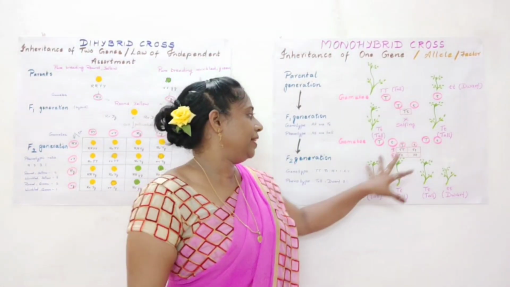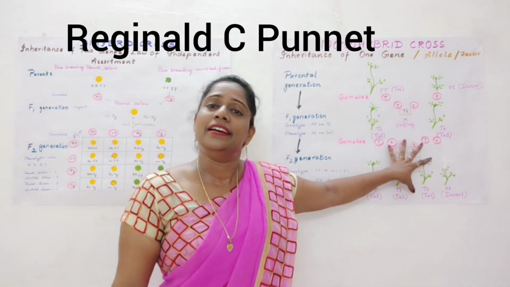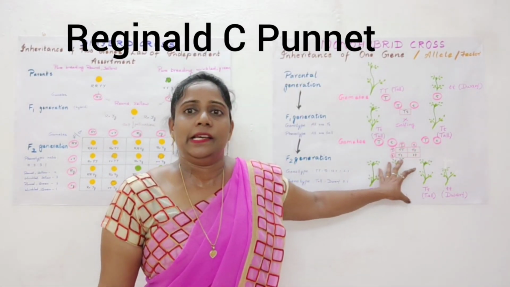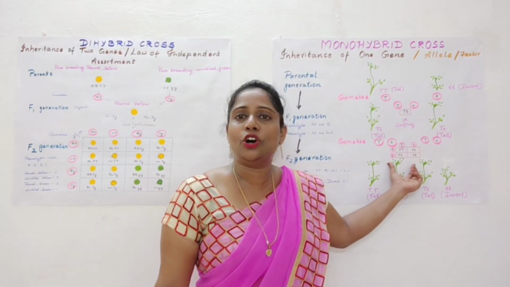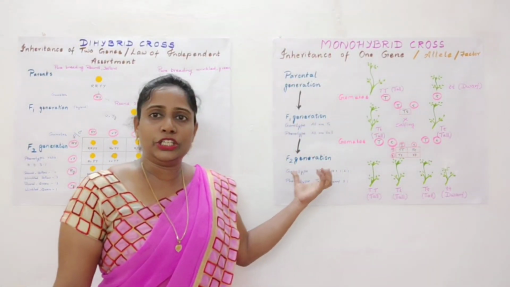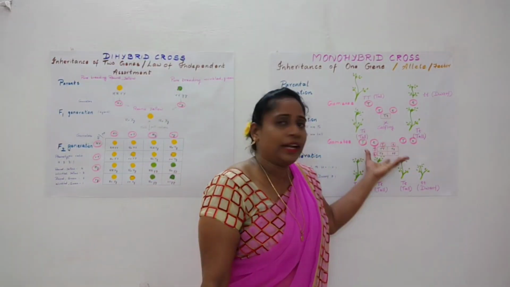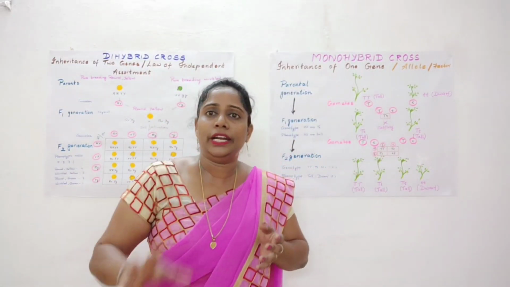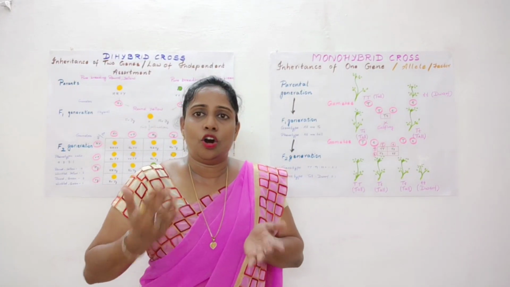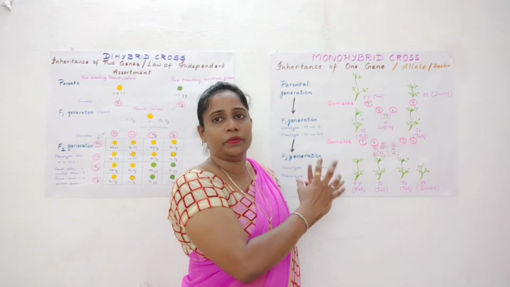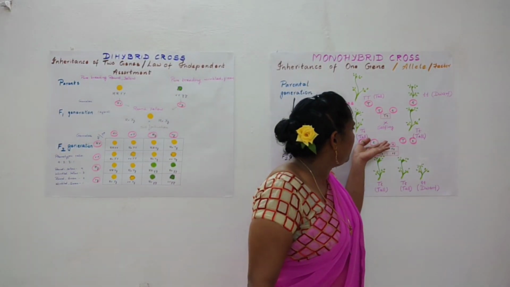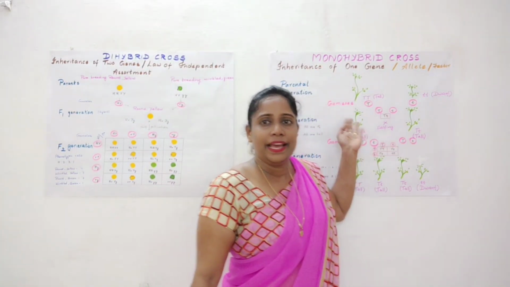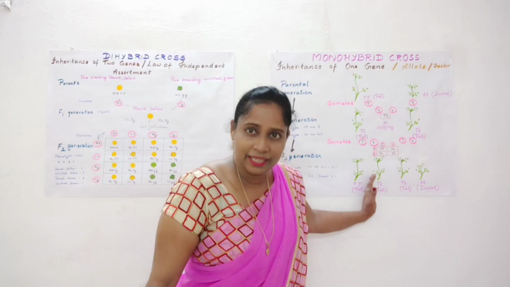Here comes our Punnett square. Reginald C. Punnett devised this graphical representation of genotypic ratio. He gave an idea of how to find out the combination of any genotype when you are doing a cross. You can write the male gamete on the top and the female gamete on the sides.